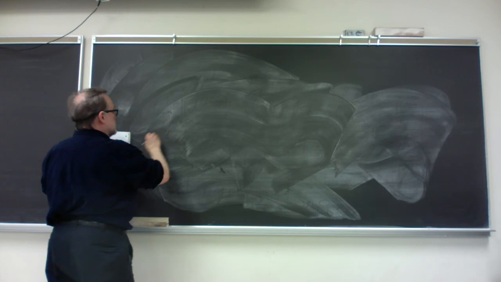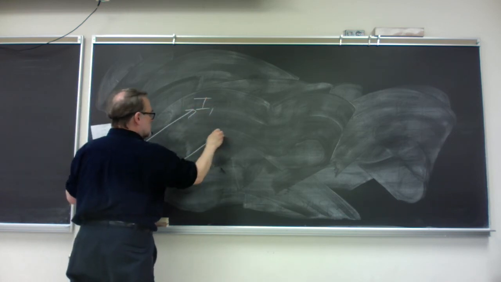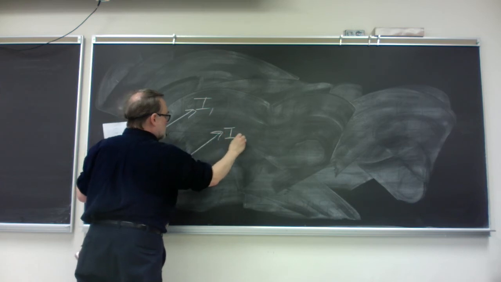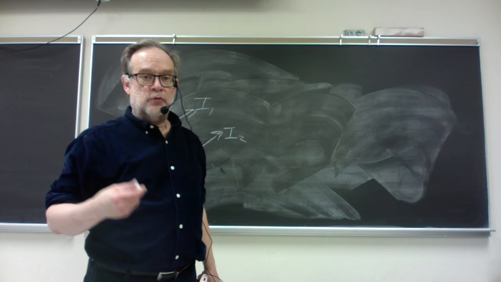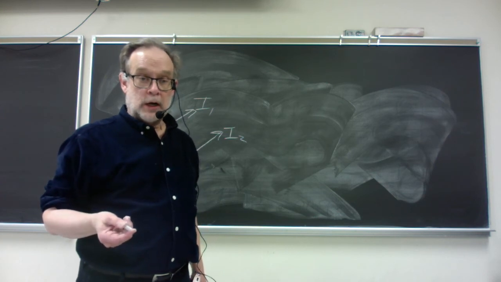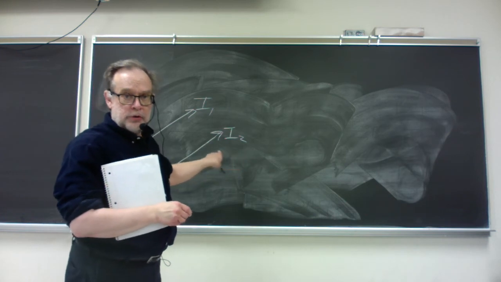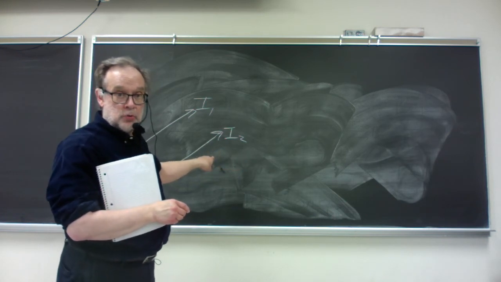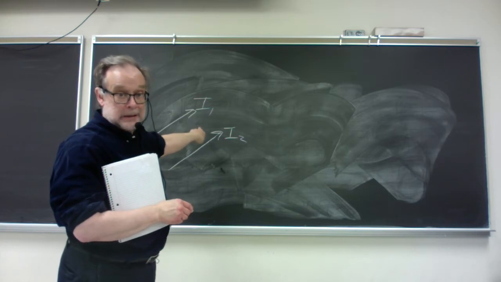So let's say there are two parallel currents, call them 1 and 2. And first, let's think about the force from 2 on 1. In other words, we're thinking about the magnetic field created by current 2. That's going to be the field that this one feels.